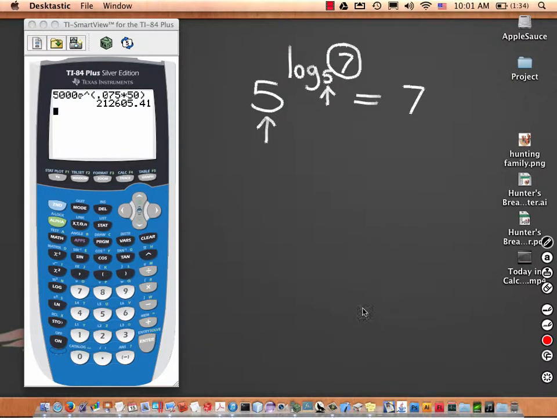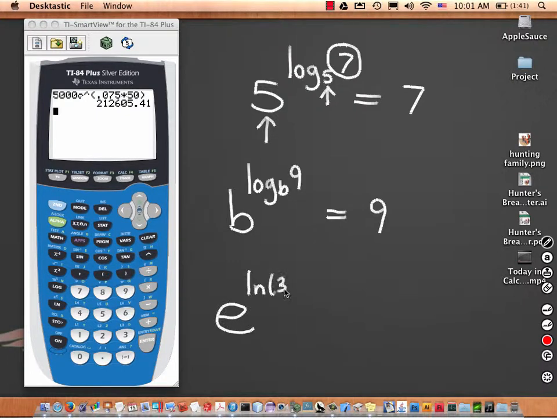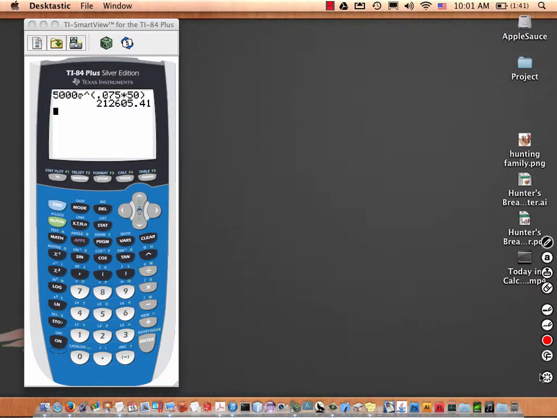Correct. So if you have b raised to the log base b of 9, you get 9. If you have e raised to the natural log of 3x, you have 3x, because the base here is the same as the base here. That's exactly right.